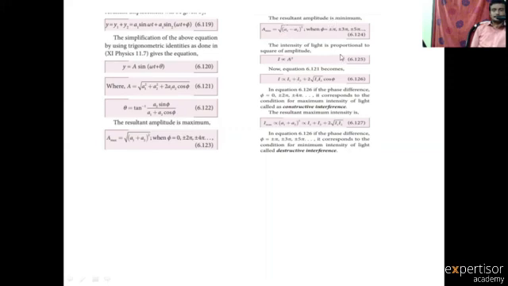The resultant amplitude is minimum. The minimum amplitude is equal to a1 minus a2, when phi is equal to plus or minus pi, plus or minus 3 pi, plus or minus 5 pi.